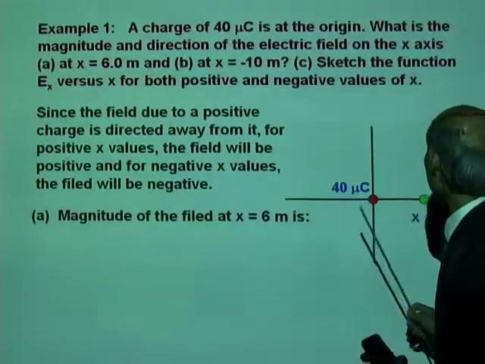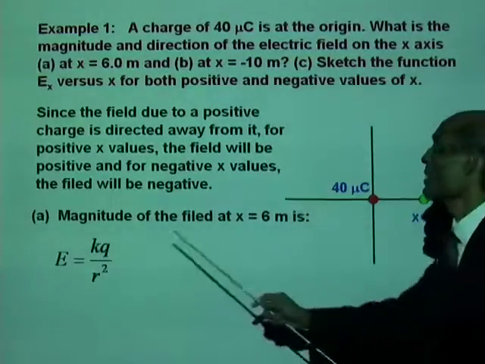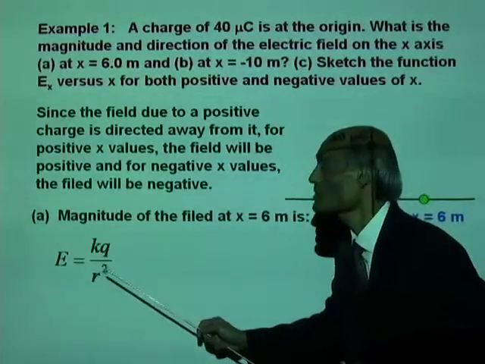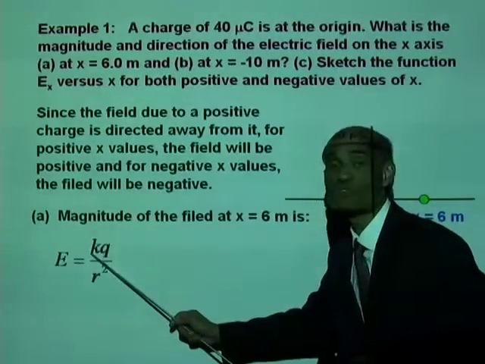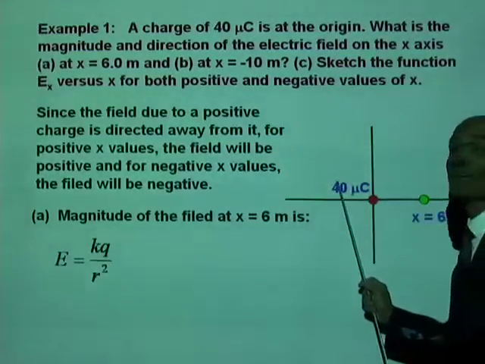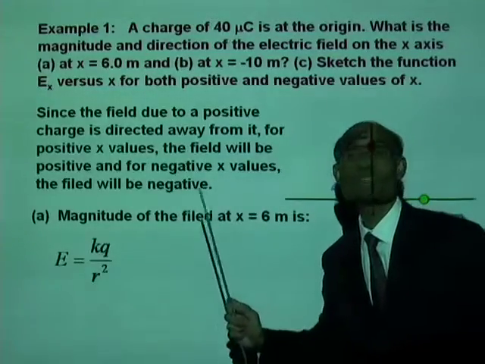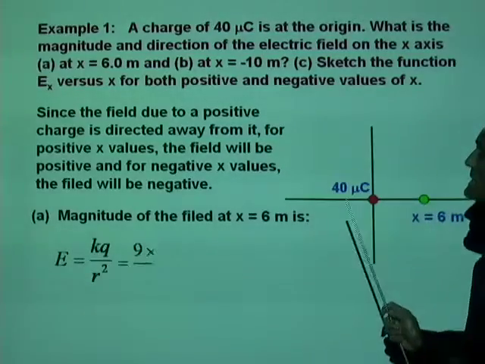So you got E, this is the point at x equal to 6 meter. You got E equal to kq over r squared. k is 9 times 10 to the 9. q is 40 microcoulomb, which means 40 times 10 to the negative 6. And r is 6 meter.